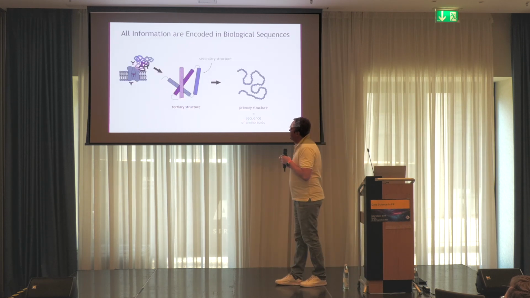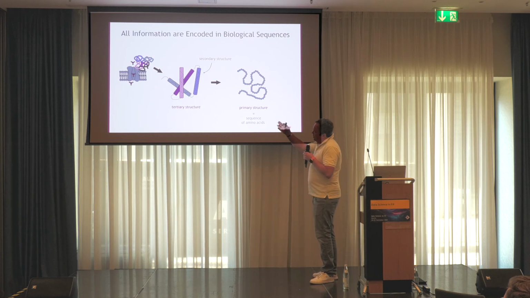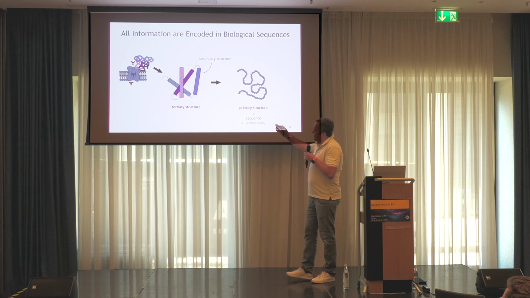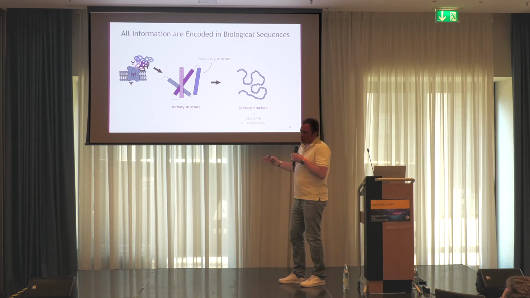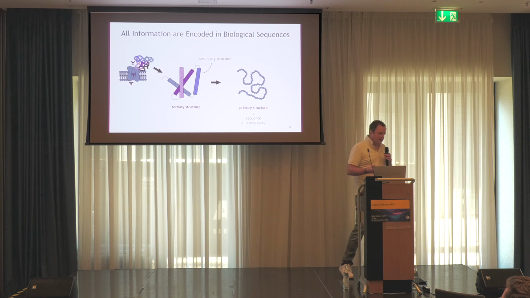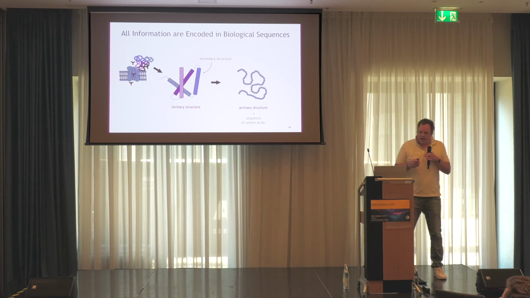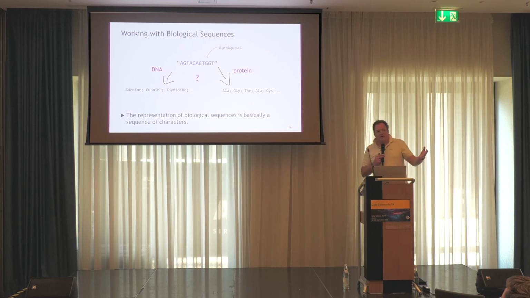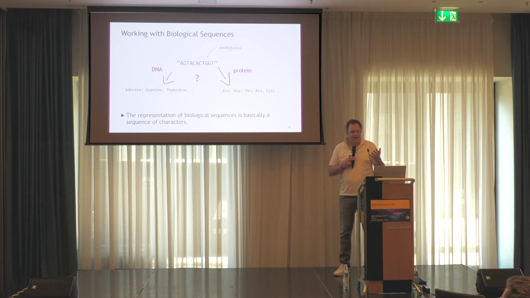They transform. What you also need to know is that these functions are encoded in something called the primary structure, which is a sequence of smaller molecules called amino acids. The problem is that when we start with data, it is most of the time untyped.